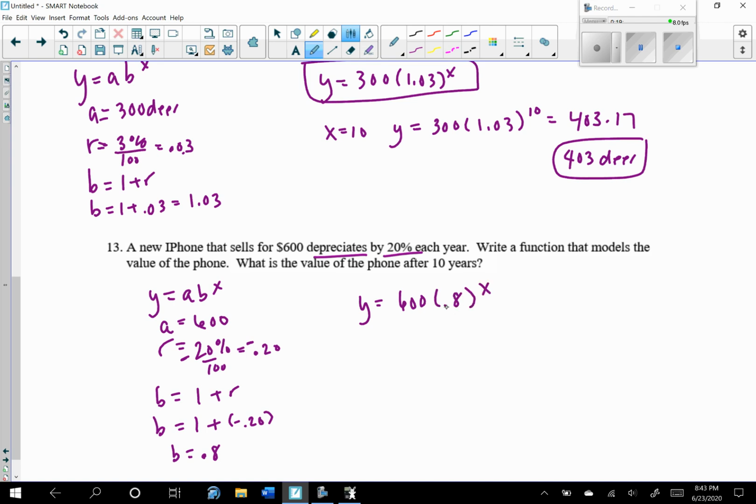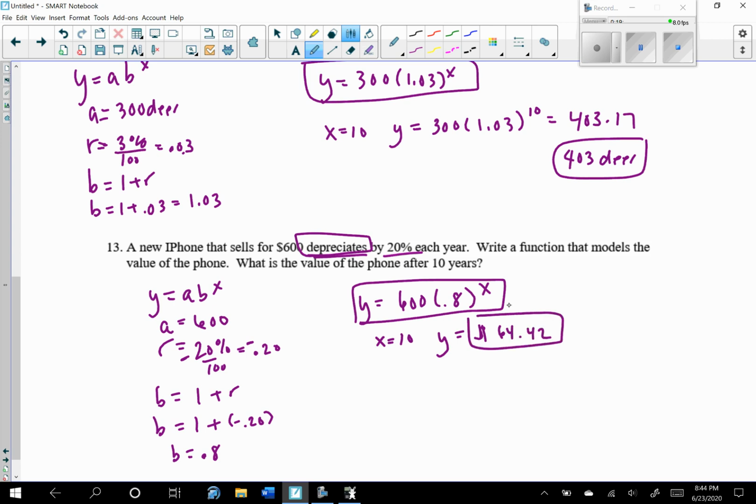And if you didn't get something between 0 and 1 here, then you would want to look at it again, because again, we know we're depreciating because that's what it told us in the problem. So for the next part, when x is equal to 10, y is equal to, when you plug this into your calculator, $64.42. So that would be the value of the phone after 10 years.